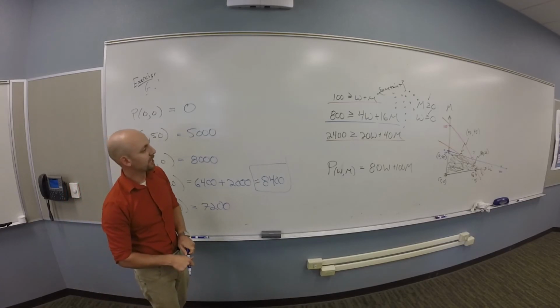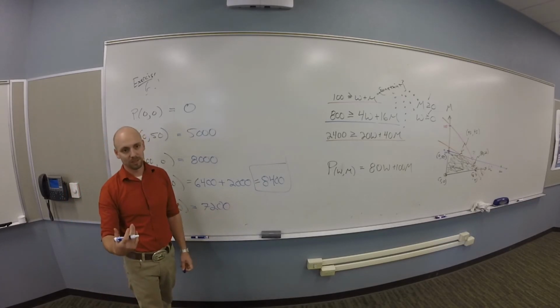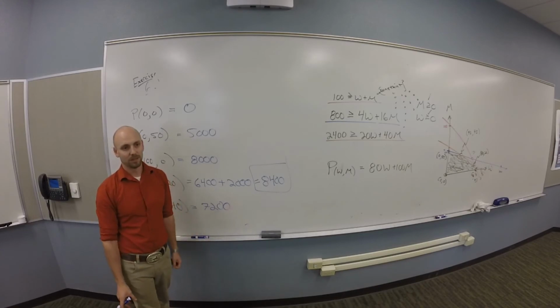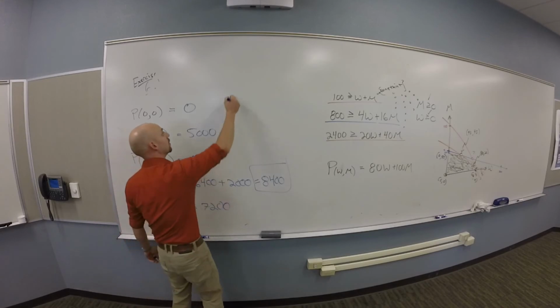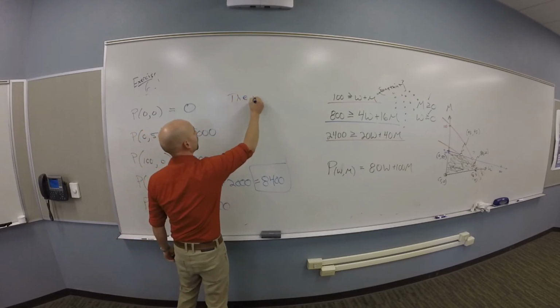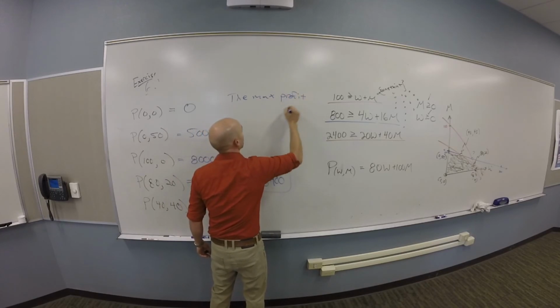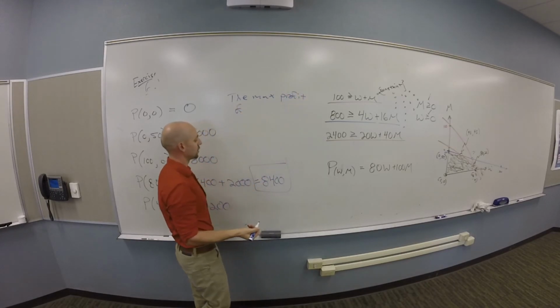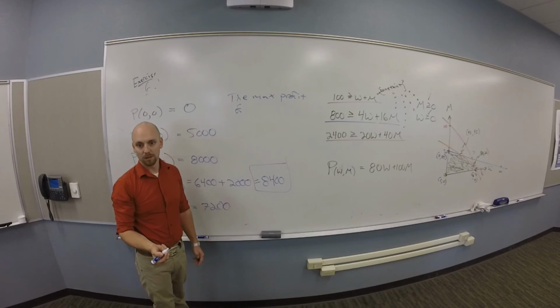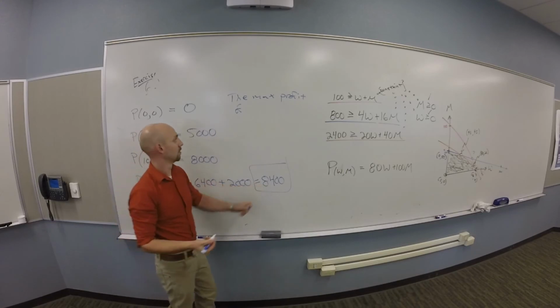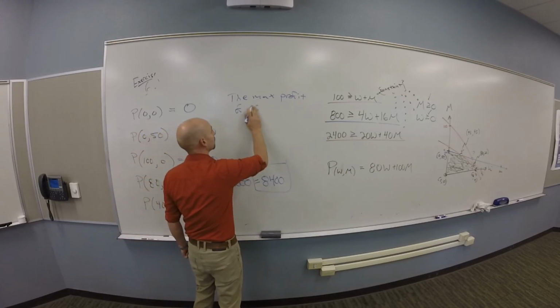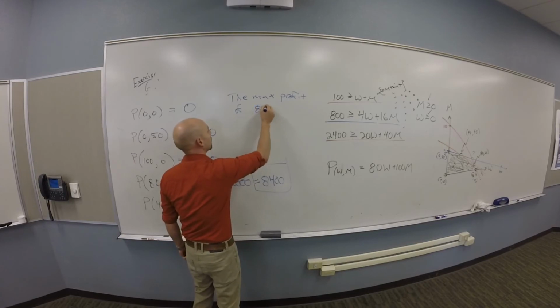Okay, so how do I write the answer to this stuff? The profit maximizing options. Okay, the max profit, what was the max profit? 80 acres of wheat and 20 acres of corn.